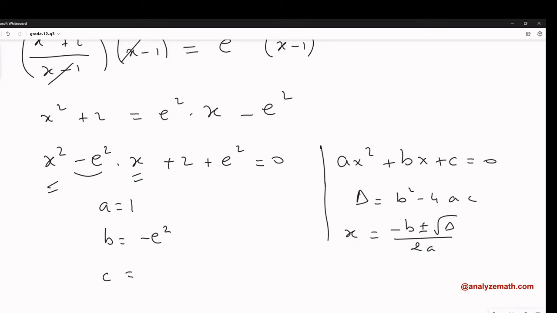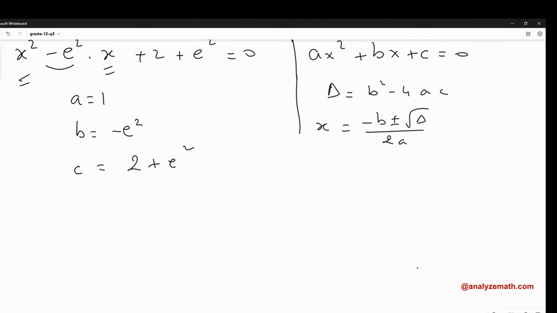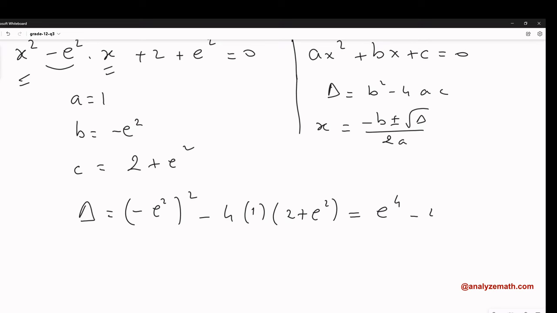And c is the constant term, 2 + e². Good. Now let's find the discriminant delta. We said it's b² − 4ac, which can be simplified as e⁴ − 4(2 + e²).